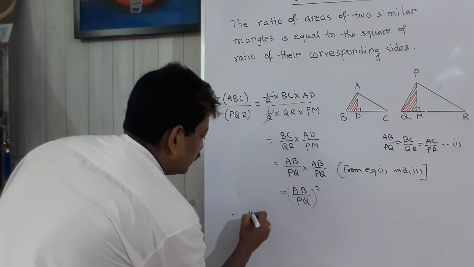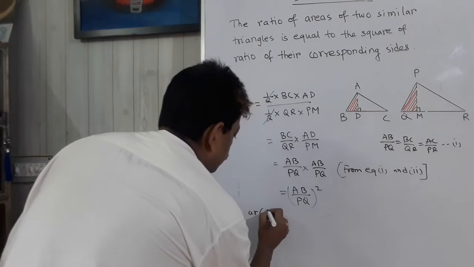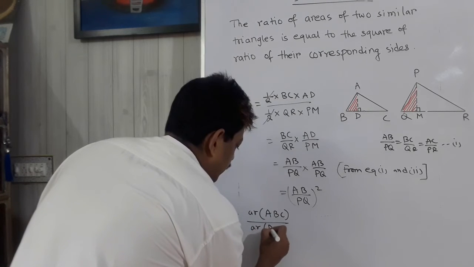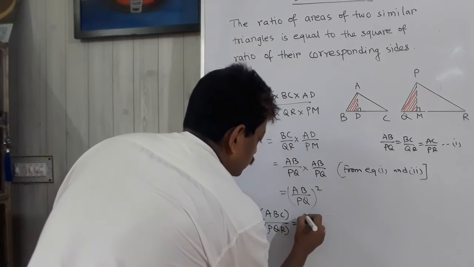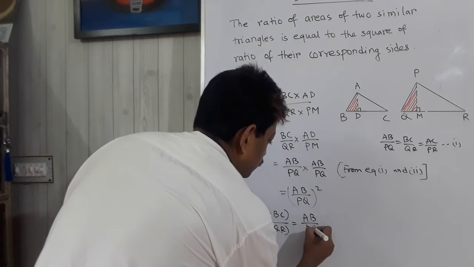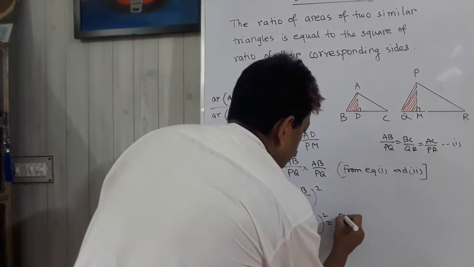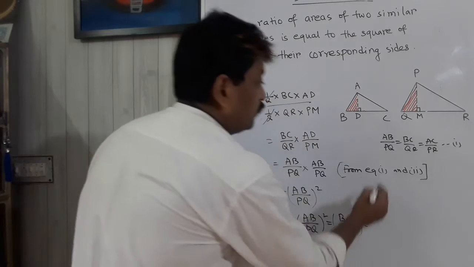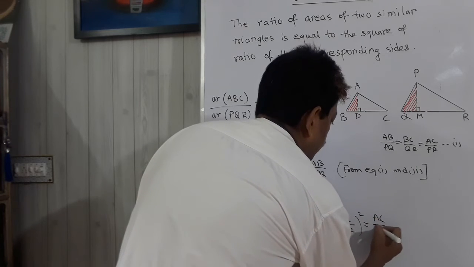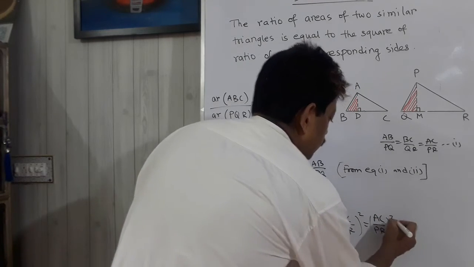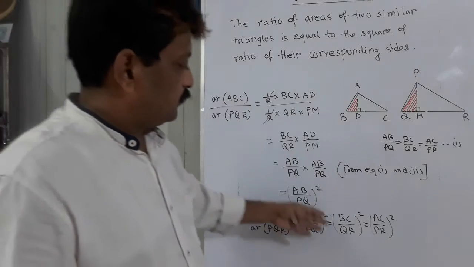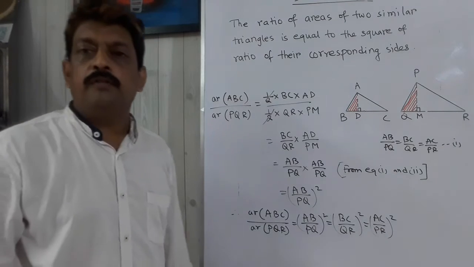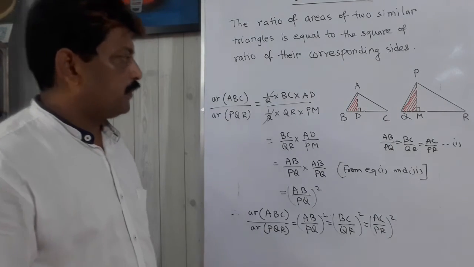Therefore we can write area of ABC upon area of triangle PQR is equals to AB upon PQ whole square equals to BC upon QR whole square equals to AC upon PR whole square. And this is what we have to prove. This is the question. So I hope you have understood how to do and the process.